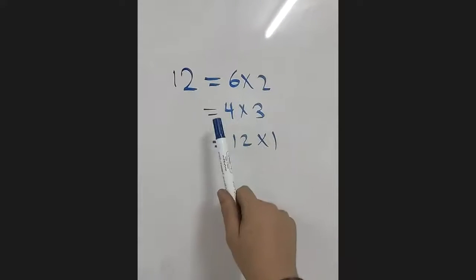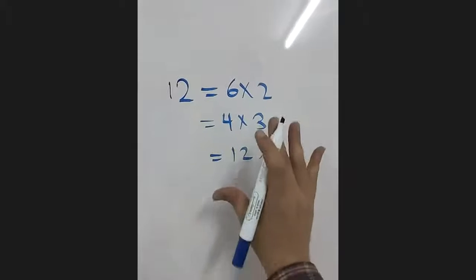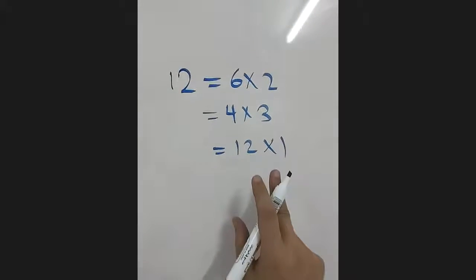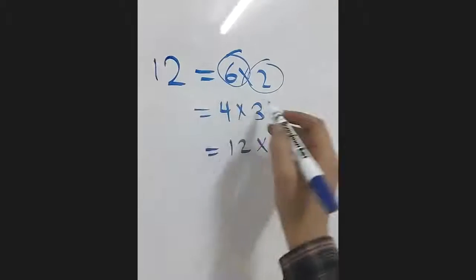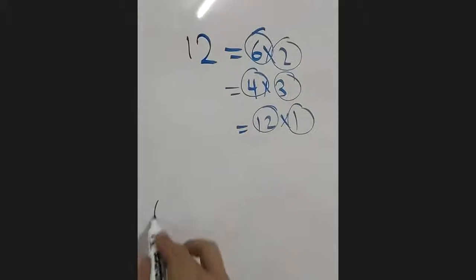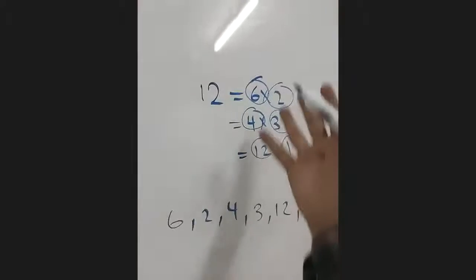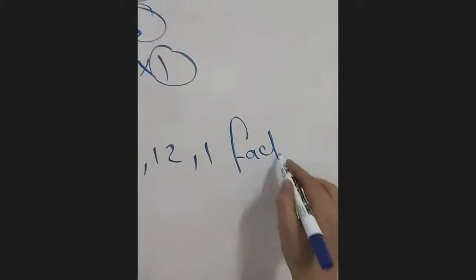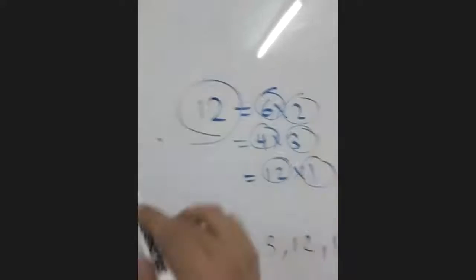Now guys, what are the factors here? If you take a look at the board, I said 12 equals 6 by 2, 4 by 3, 12 by 1. These are all the possible choices of pairs of numbers. If you multiply them, you get 12. Now all of these numbers, 6, 2, 4, 3, 12, and 1, we call them factors for the main number, the original number, which is 12.